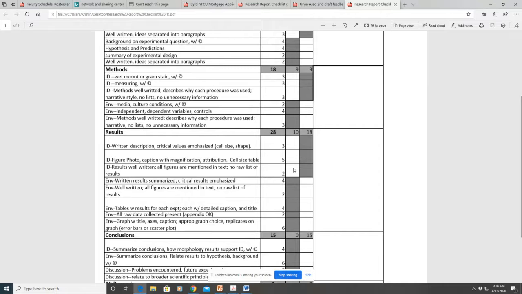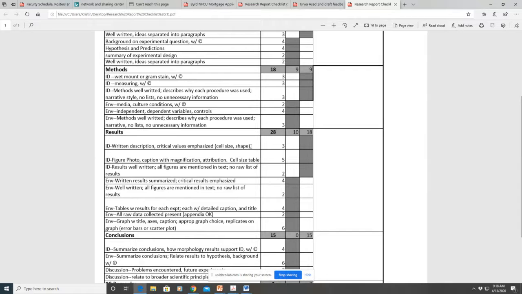And then you refer to figure 1 to show me a picture of that. And then your figure 1 is a picture of your organism with a caption. So these 3 points right here, written description, that's your paragraph. Critical values emphasize that you have to at least tell me cell size and shape.